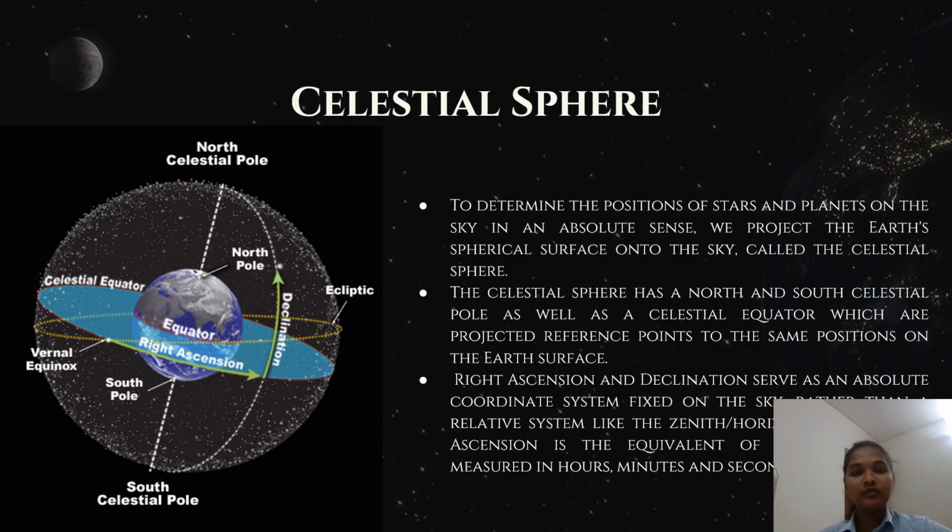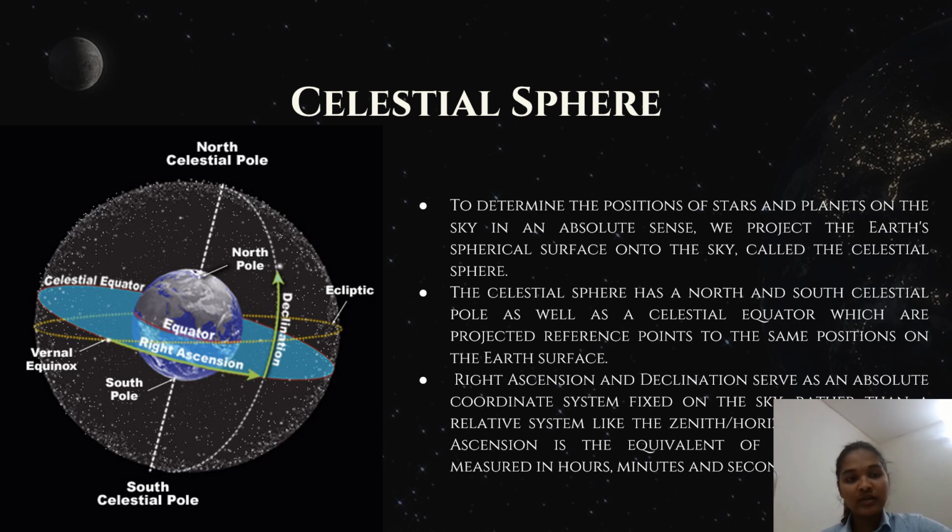From here onwards we will learn about some different spheres, like the celestial sphere, and different reference frames. You can see here the schematic diagram of the celestial sphere. You can see at the equator of the Earth, the celestial equator is shown with the bluish area.